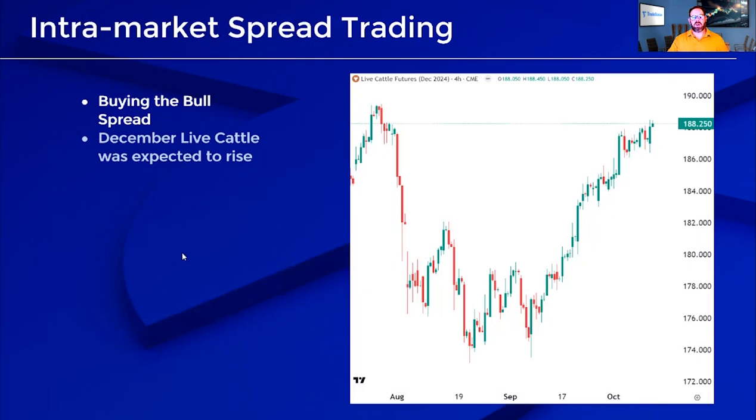So moving on here, if we were seeing that there's a move in live cattle, for instance, and we expect this market to move to the upside. This was the December 2024 contract on a 4-hour chart. We were expecting that price to move to the upside.